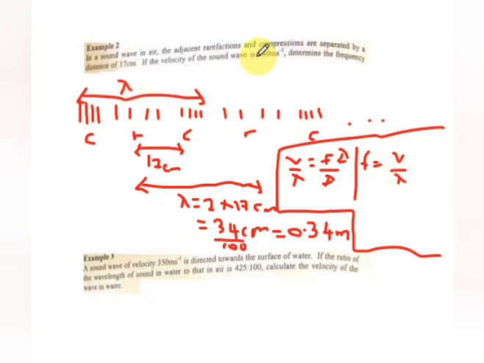So inputting the values, f is going to be equal to v, which is 340, divided by wavelength 0.34, and that gives f equal to 1000 hertz.